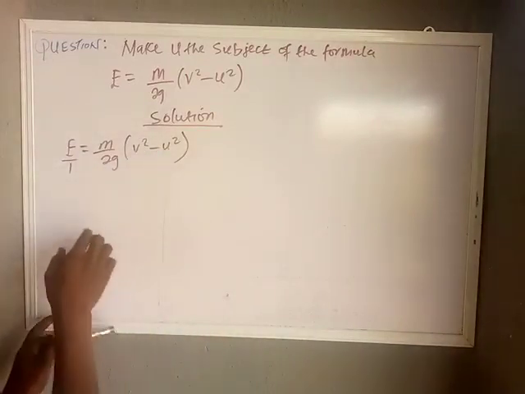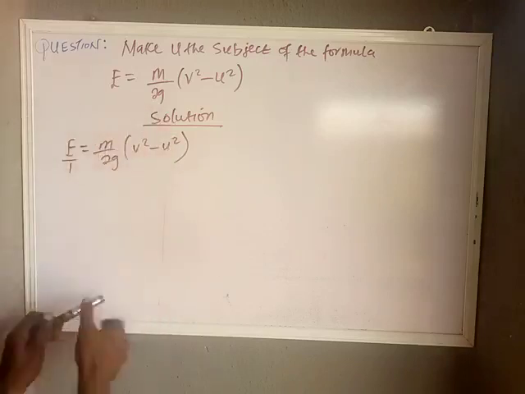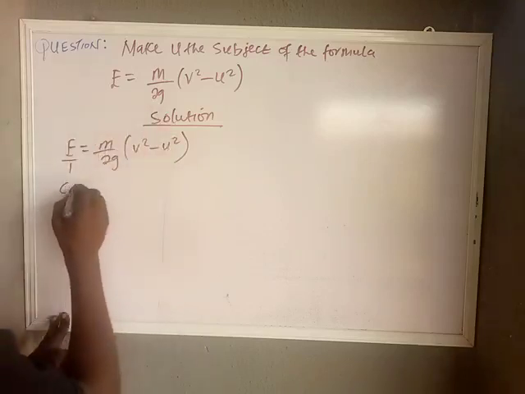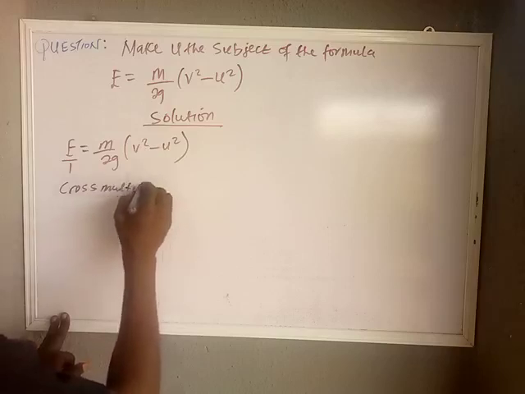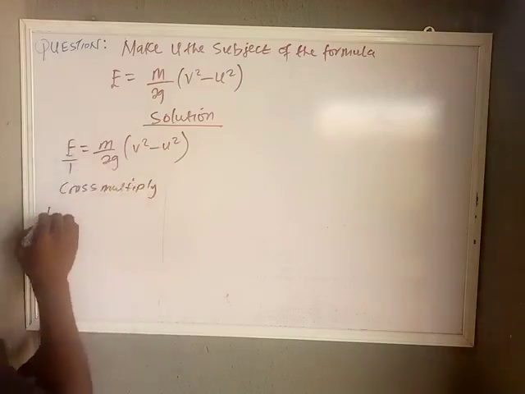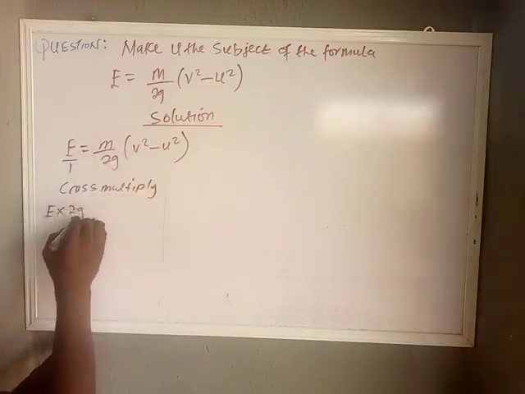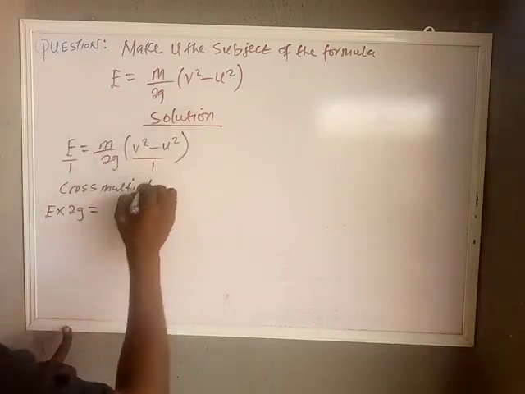So what we're going to do, we'll cross multiply. We'll consider this term and this term. Now when we cross multiply, this is e times 2g. It will be e times 2g equals 1 times the whole of this. This is just more like over 1.